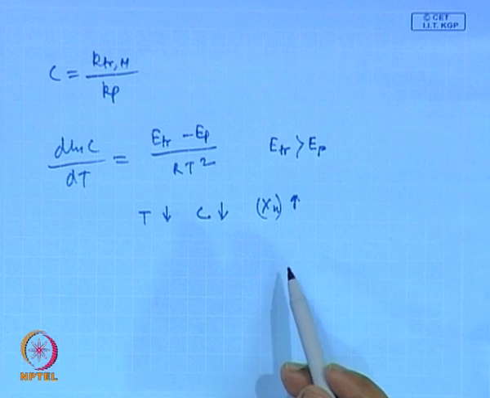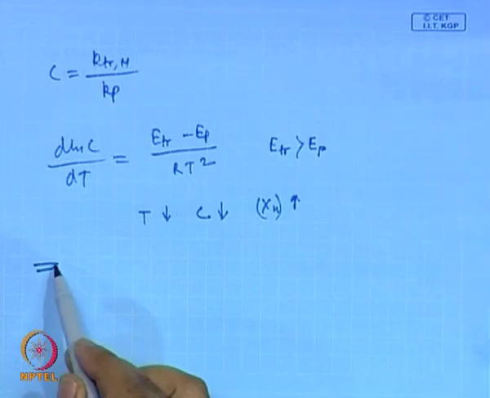Now, whether that also simultaneously increases the rate of polymerization depends on the value of the activation energy for reactions. If it is negative, then with decreasing temperature you get an increase in polymerization rate, but if it is positive, then with decreasing temperature you get a reduction in the polymerization rate.